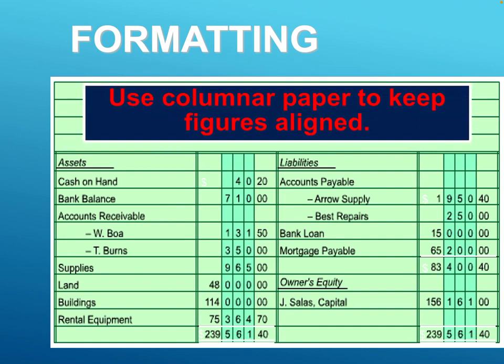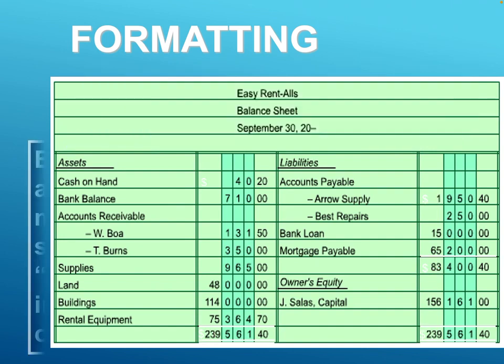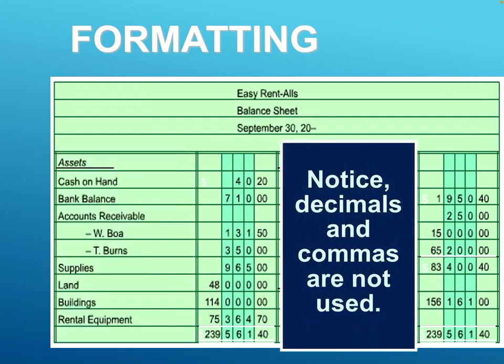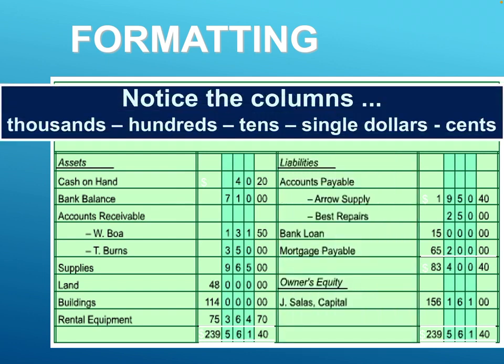Use column paper to keep figures aligned. Even dollar amounts may be shown as 00 or a dash in the cents column. Notice decimals and commas are not used; we don't typically use that. If you don't have column paper, you can write it normally, or you can break it apart when you're doing that.